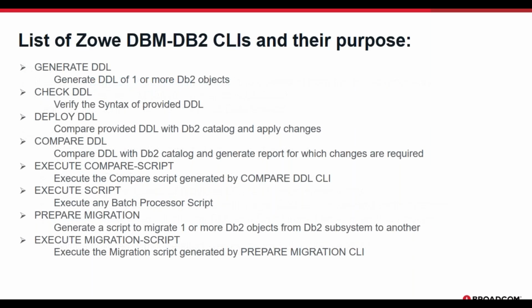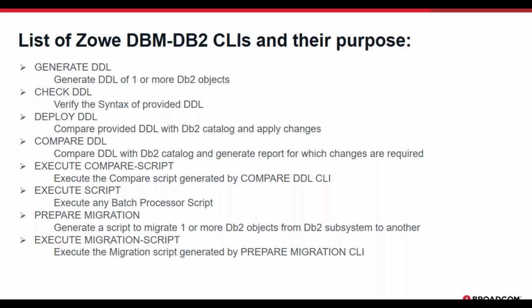Okay, so here is the list of 8 DBM-DB2 CLIs that we have introduced as part of this. The first one is the generate DDL CLI. When you have installed Zowe and DBM-DB2, the first thing is that once you have installed that plugin, you can generate the DDL for one or more DB2 objects.